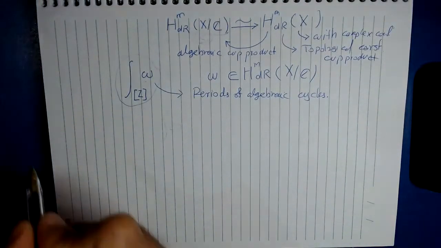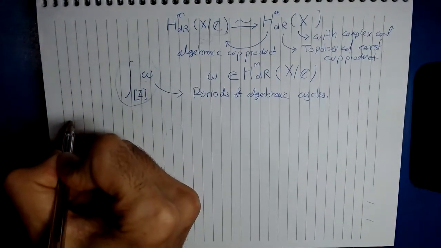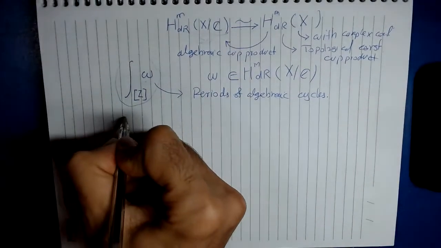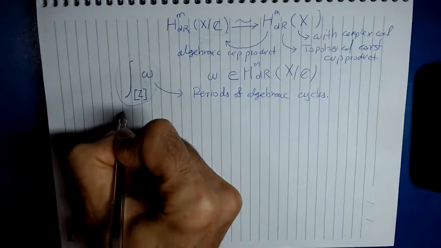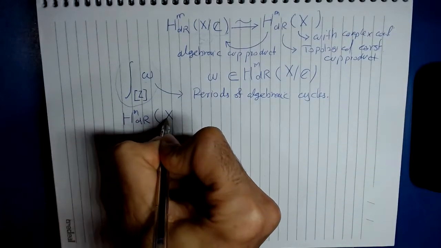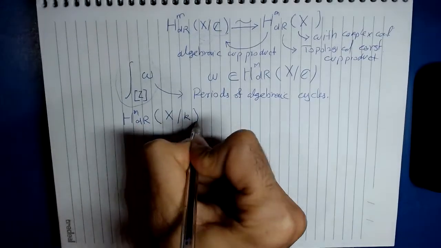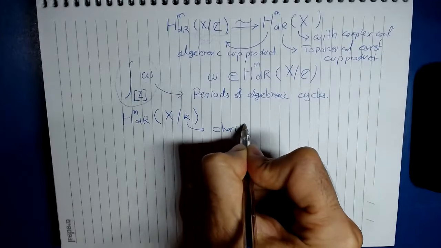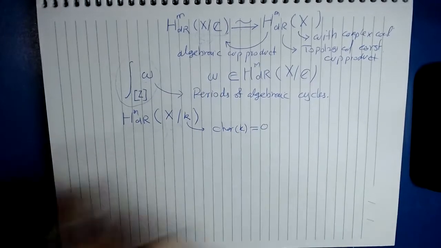Here I have to mention a theorem, again due to Grothendieck, something that we will do, that this algebraic de Rham cohomology, actually you can define it for an arbitrary field K of characteristic 0.